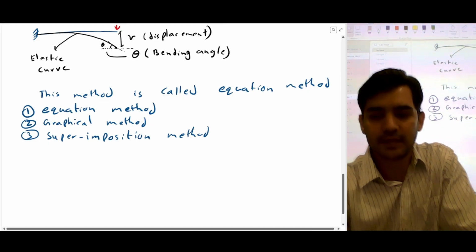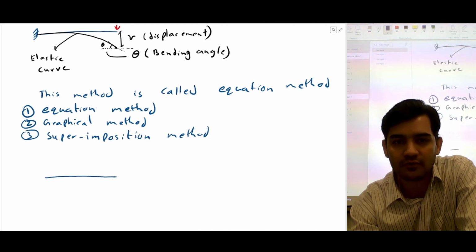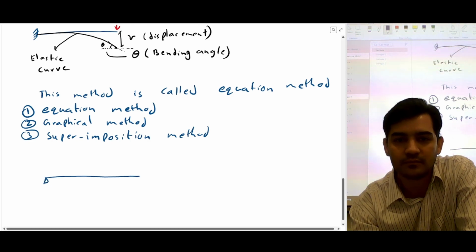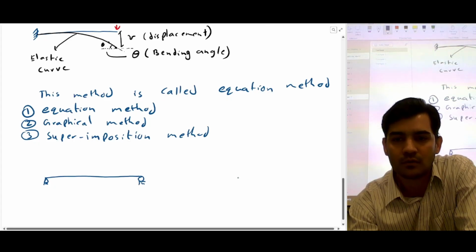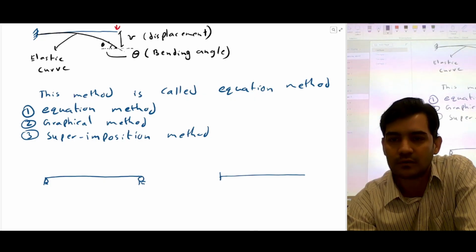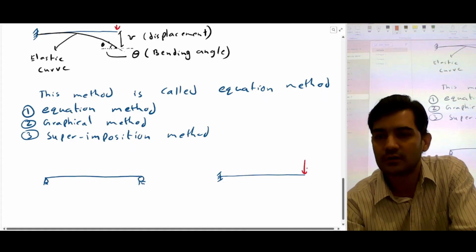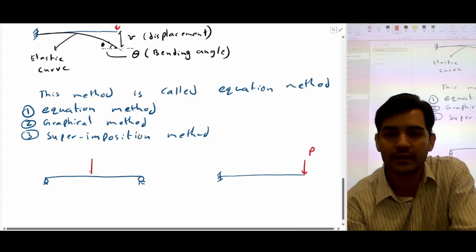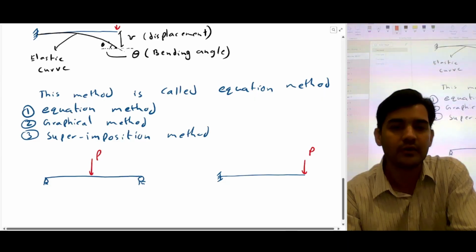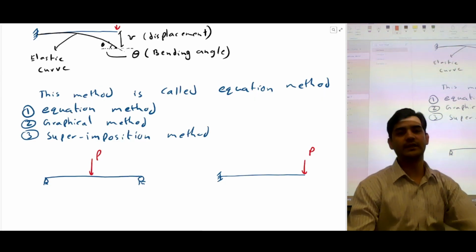So let's take another example. Let's take an example of simply supported beam. And I'm going to draw a cantilever beam also here. So if there is a load P here, and if there is a load P here, you can try to imagine the elastic curves for both the cases.